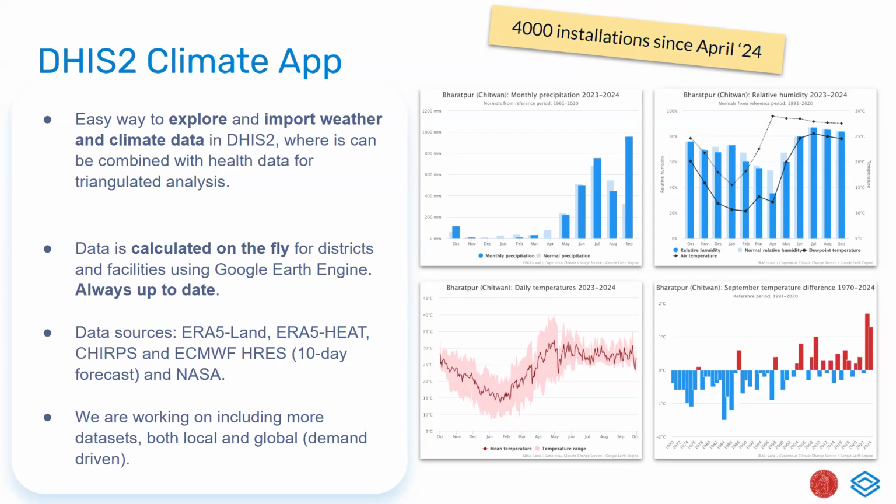So this is a way of fetching climate data on the fly, in real time, and harmonizing it into DHIS2 for each organizational unit you have, and providing an analytic tool for data triangulation wherever you are: clinic, community, regionally, nationally.